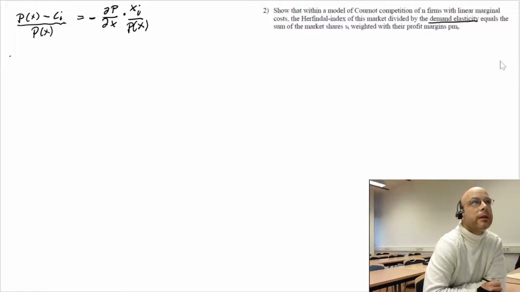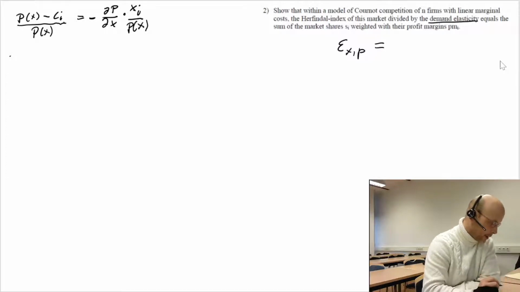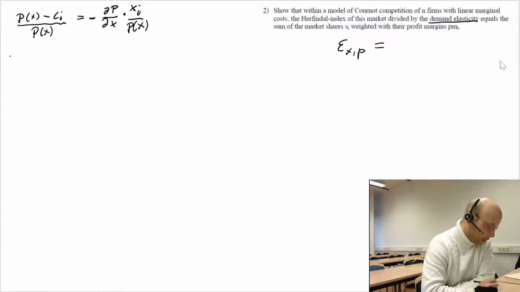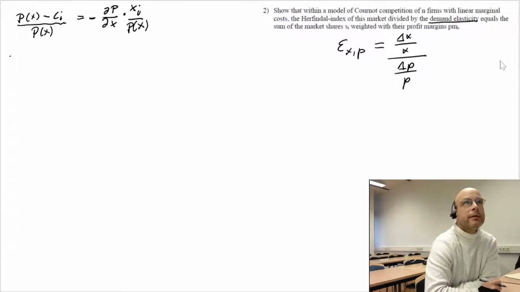And what is the demand elasticity? Quite often written as epsilon xp. This is just the relative change of quantity divided by the relative change of prices.